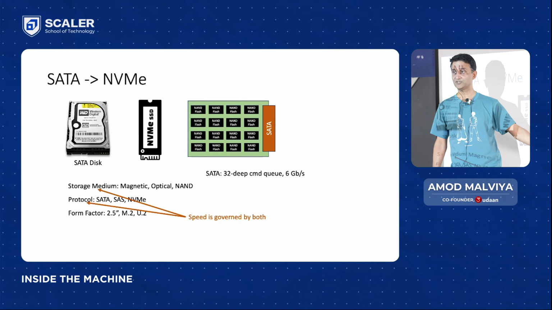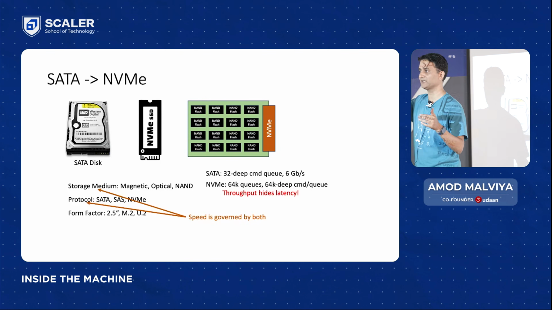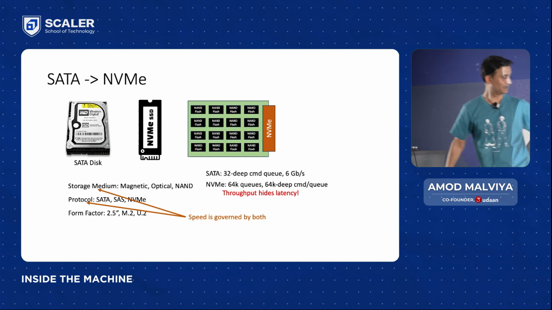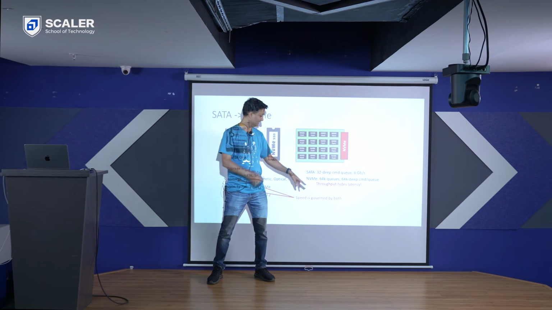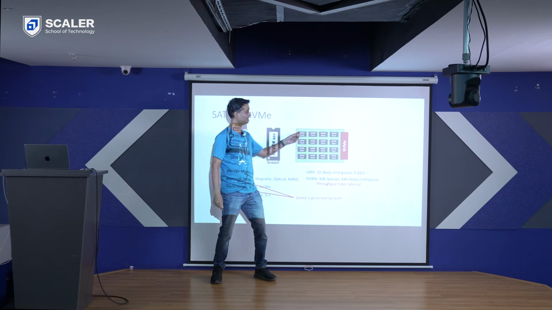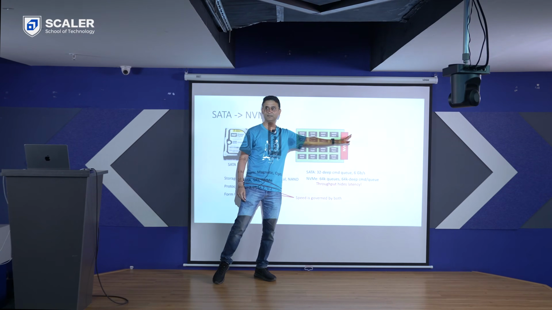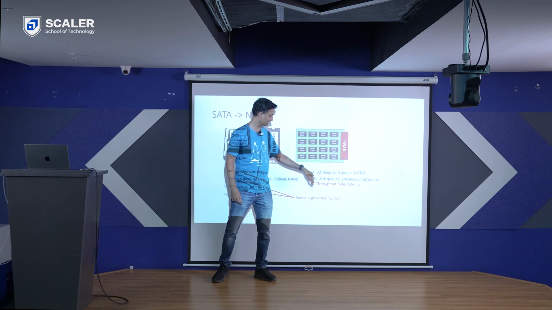SATA has a 32-deep command queue. We were talking about pipelining: requests keep coming in and I process them in some form. Beyond 32, you cannot send to SATA, so it cannot process more than 32 commands. Even if you had sufficient capacity in an SSD, if it is fronted by SATA, you would be bottlenecked on the SATA bus.